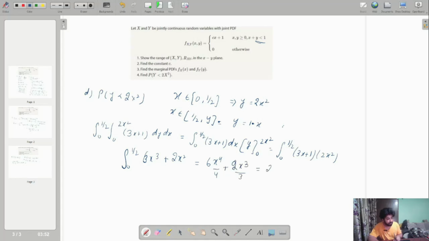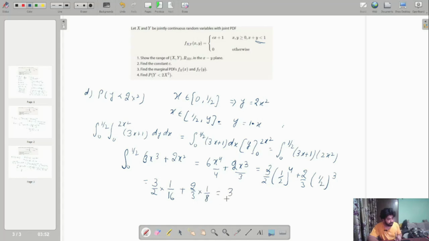and we can say this is 3 by 2 into 1 by 2 raised to power 4 plus 2 by 3 and 1 by 2 raised to power 3. So I'll have 3 by 2 into 1 by 16 plus 2 by 3, and here I will have 1 by 8.